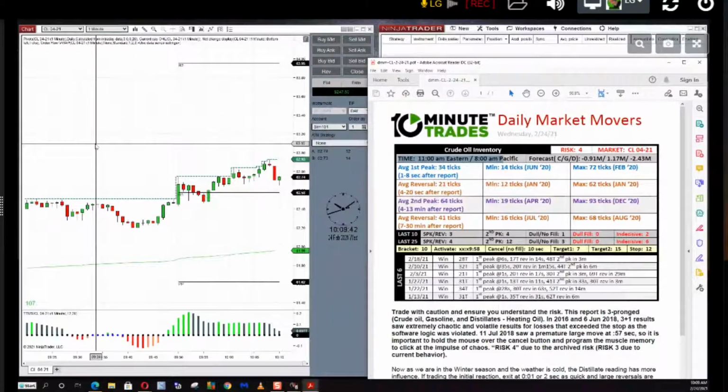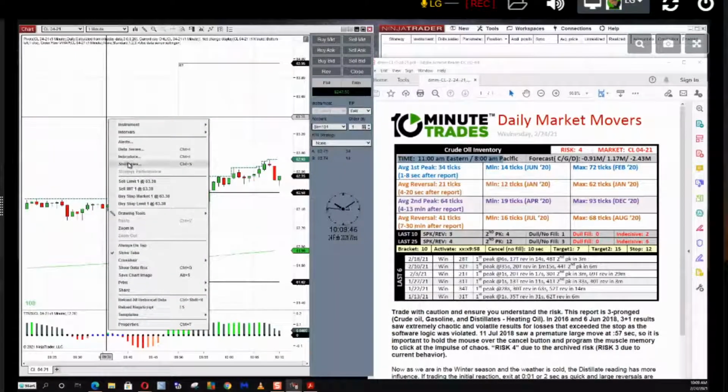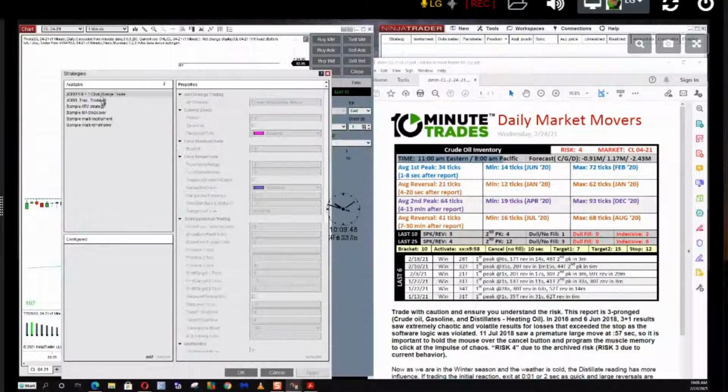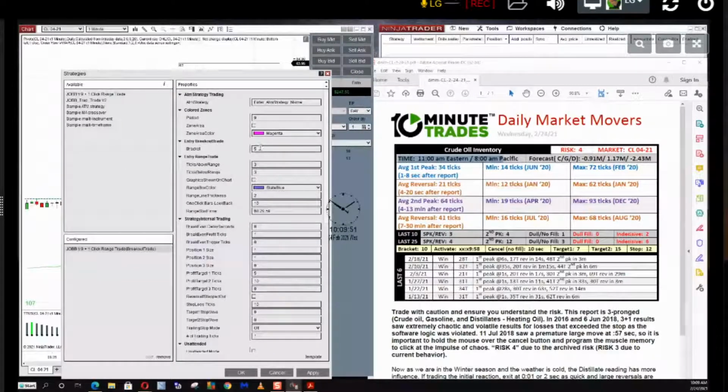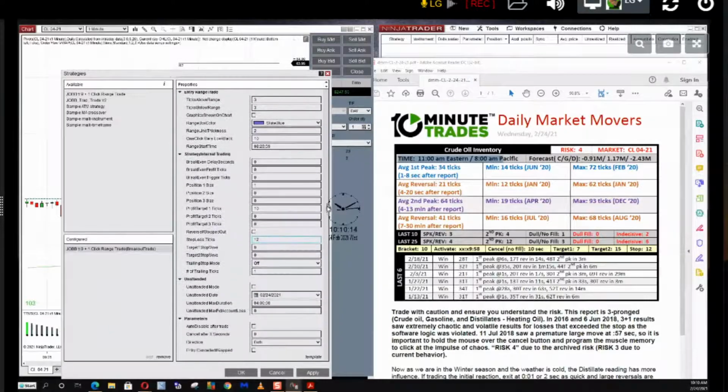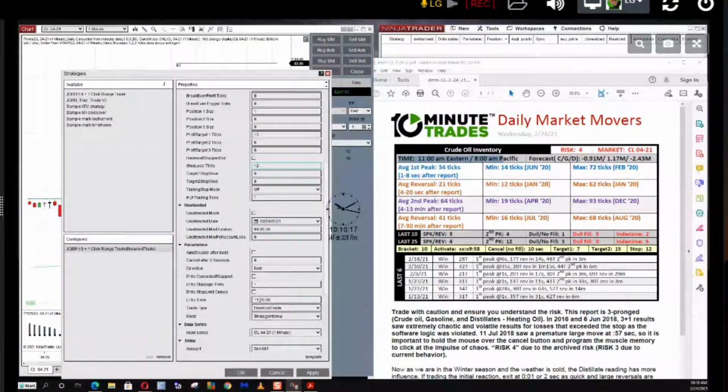So what I would trade, the way we've been trading oil, been using the bracket of 10, trading one contract right now, looking for 10 ticks with a stop of 12 on the breakout, okay? And that's 10:29:58.